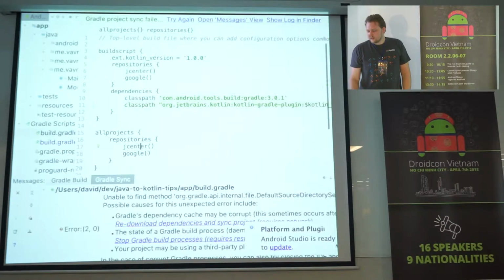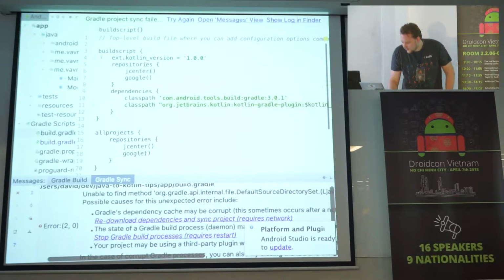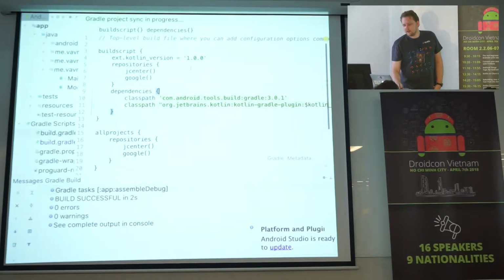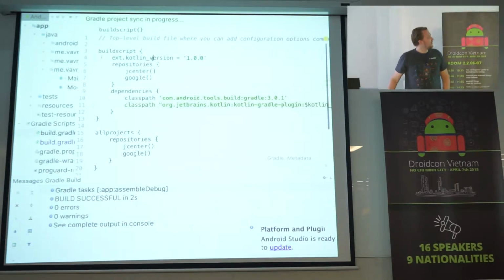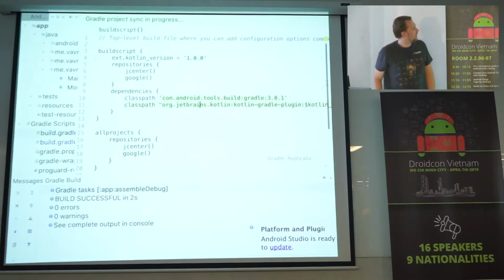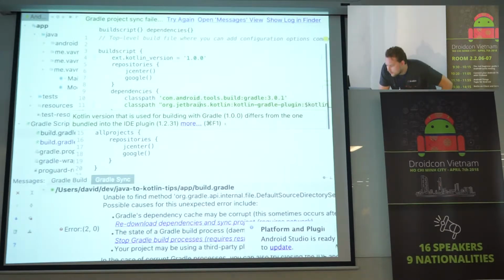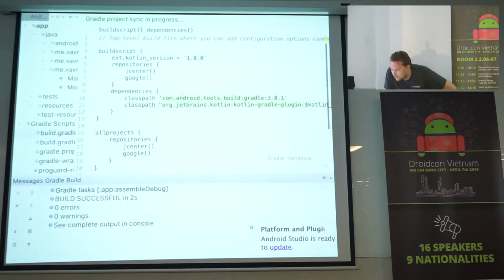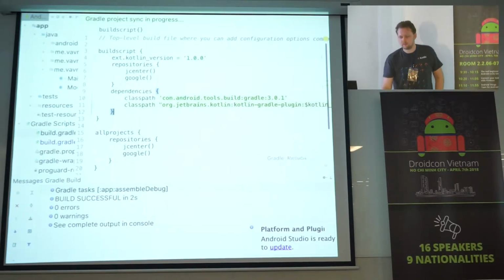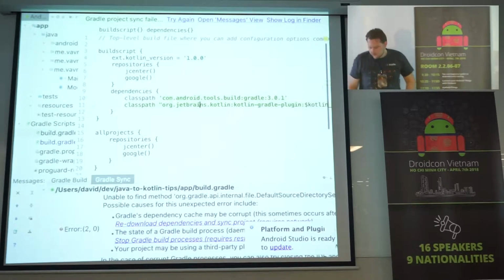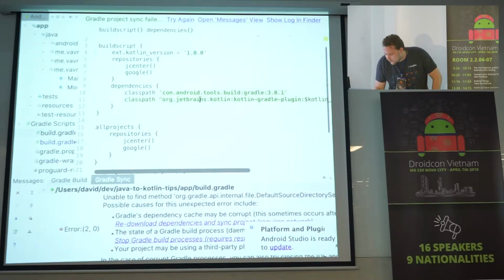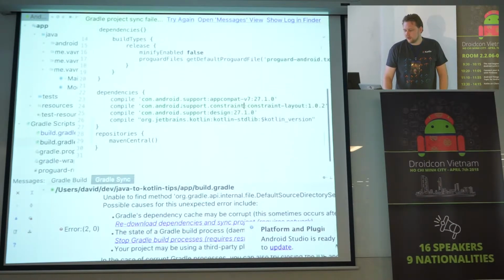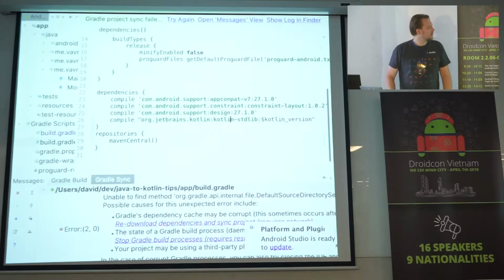So it added a Kotlin version here, and this line, which is Kotlin, and it also changed the app module. It added a dependency for the Kotlin standard library.